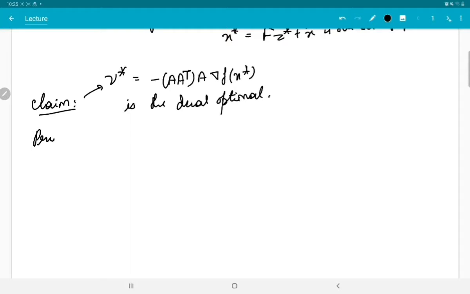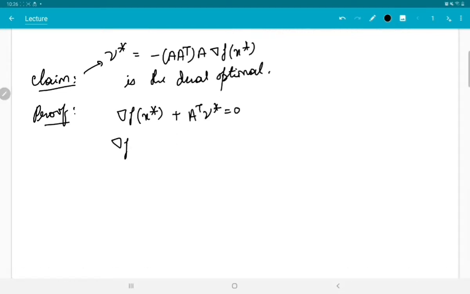I'm proving my claim. To prove it, I use the KKT conditions for equality constraint problems, and I just need to substitute nu star and see that this is actually 0.